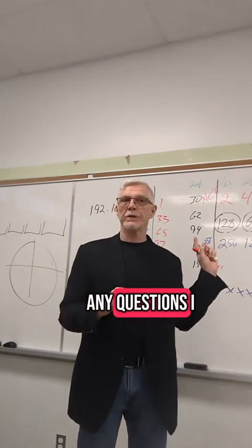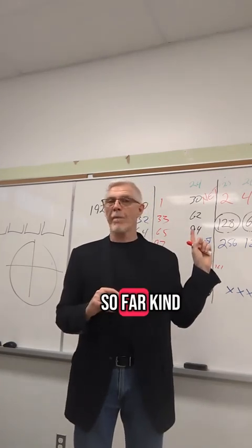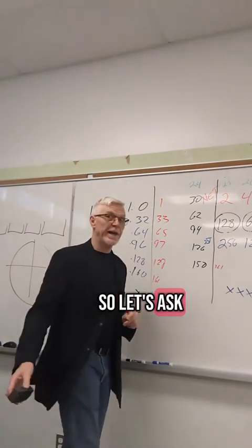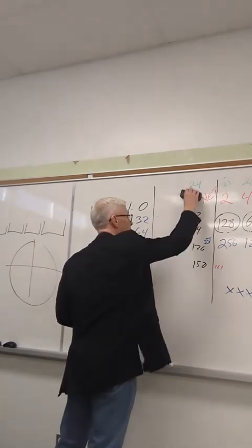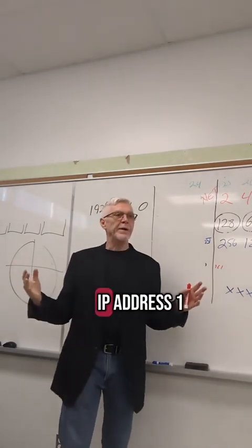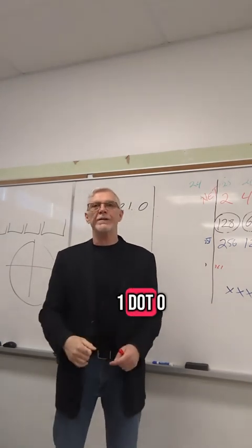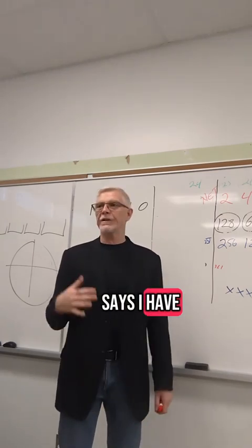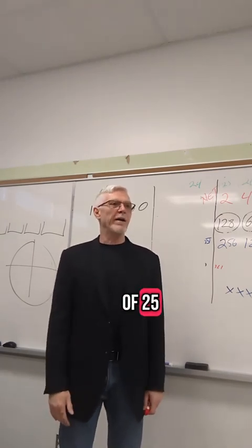Okay? Any questions on what I'm doing right now so far? Kind of getting the groove? All right. So let's ask that question. I got an IP address, 192.168.1.0. The only thing I got in an email says I have a CIDR value of 25.